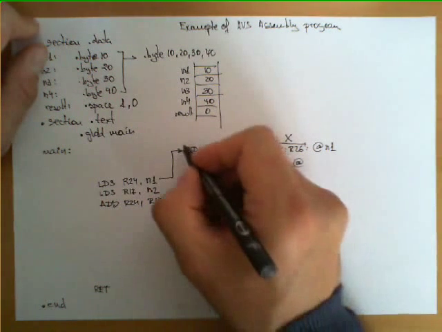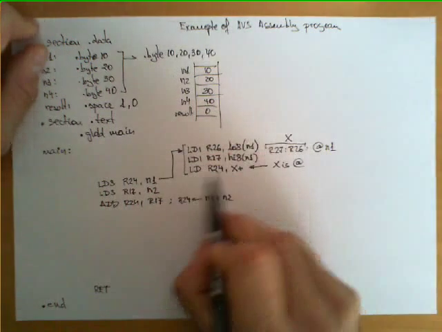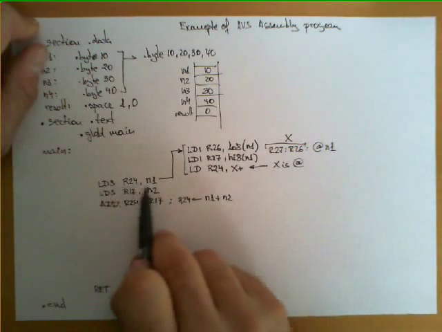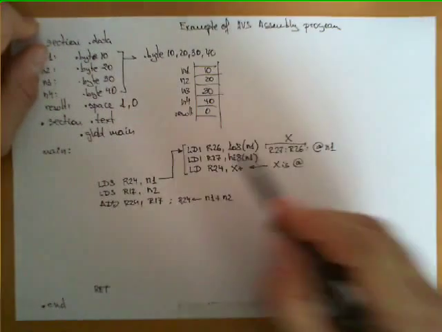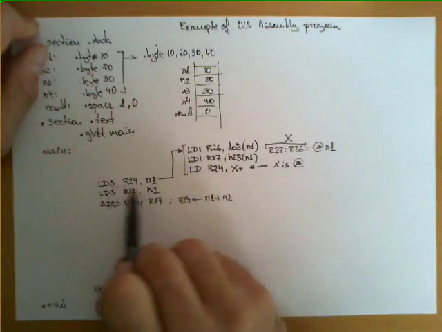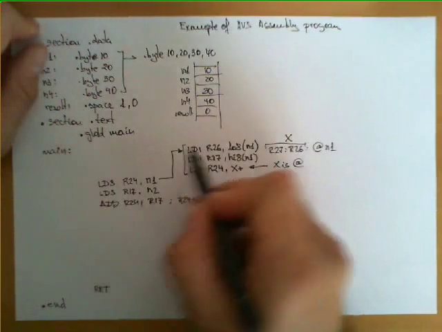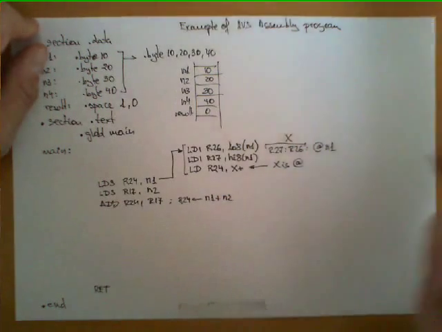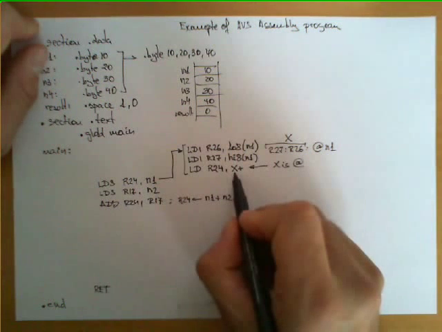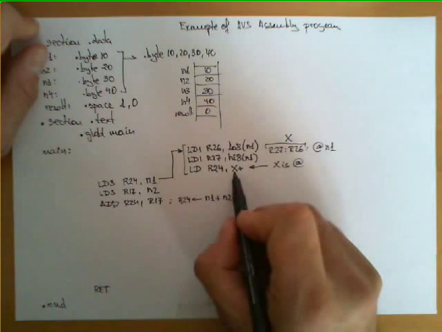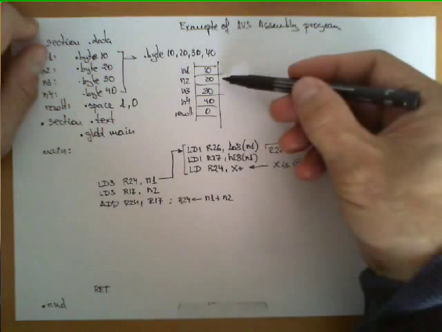So these three instructions achieve exactly the same as the one that loads N1 in R24. Now you'll be asking yourself, why are you doing this in 3 instructions if you can do it with 1? Well, this is just to show different ways of accessing data. The other trick that I'm interested in showing is that now I have a very interesting situation. Register X contains the address of the following number to add.